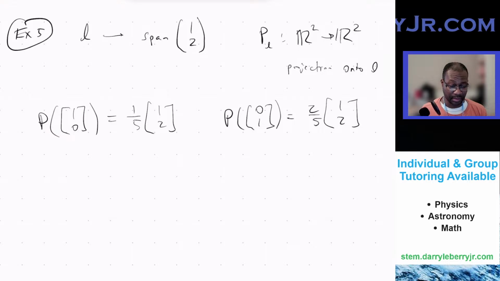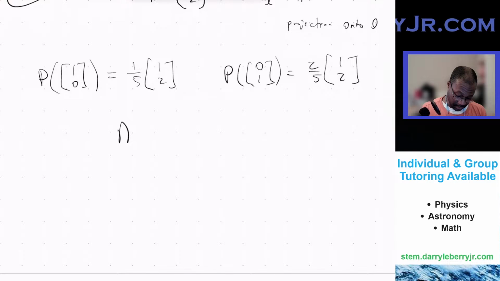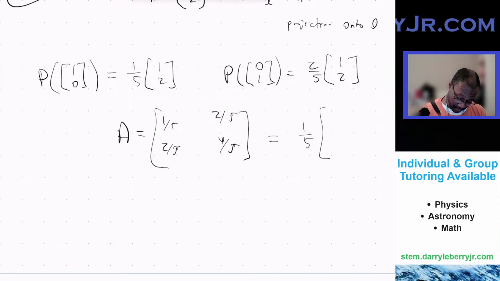For the standard matrix representing the projection onto L, A equals 1/5, 2/5, 2/5, 4/5, which equals 1/5 times the matrix 1, 2, 2, 4.